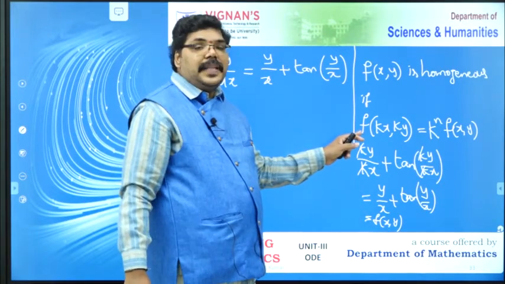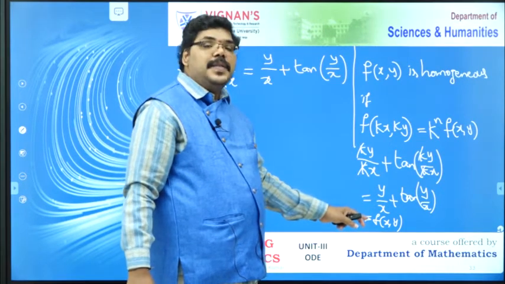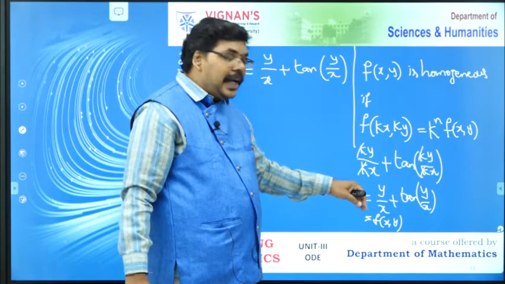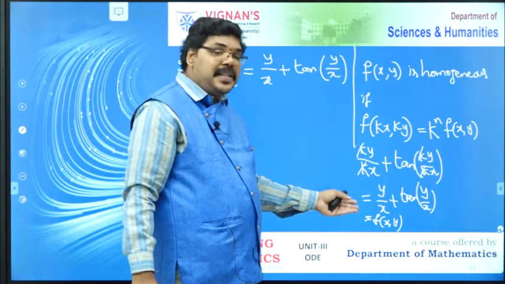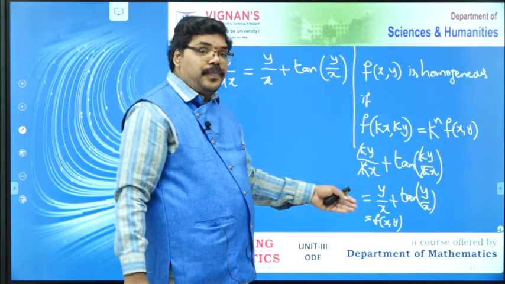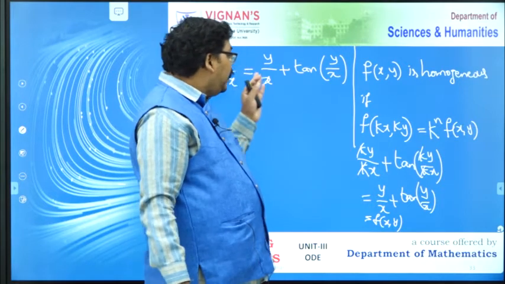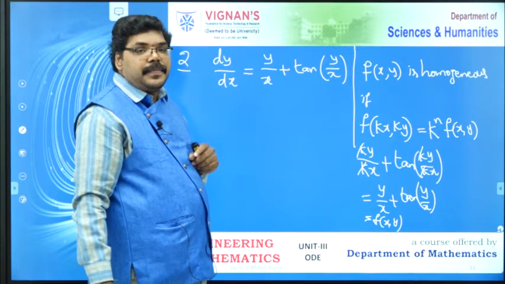So I started with f of kx comma ky, and the simplification is f of x comma y. So I am able to take k power 0 as common, and k power 0 means 1. So the given function on the right hand side is homogeneous.